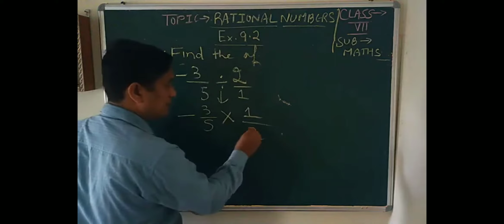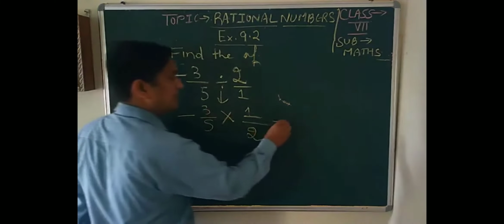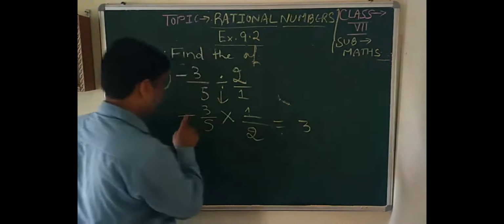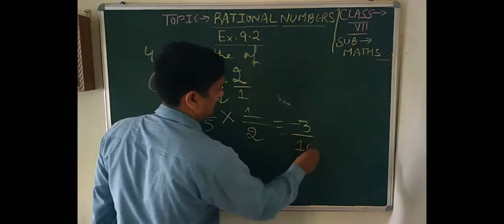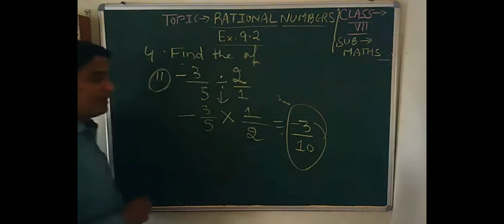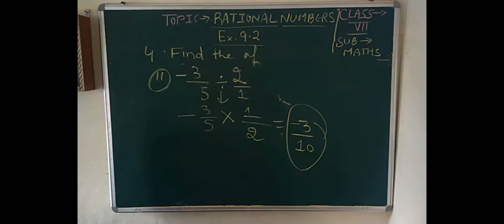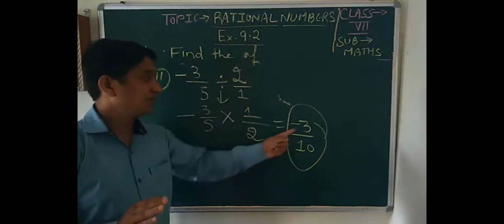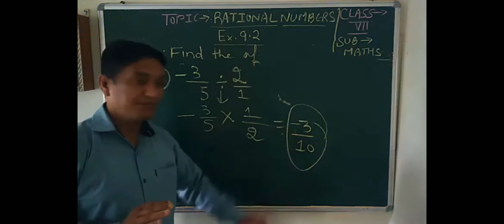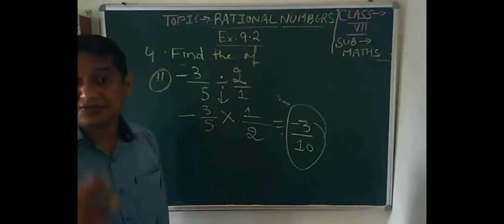No one. So you should multiply. 3 ones are 3, plus minus, 2 fives are 10. So the answer is minus 3 by 10. And this is in the lowest form already. You can't bring this into a lower form. Minus 3 by 10 is the final answer.